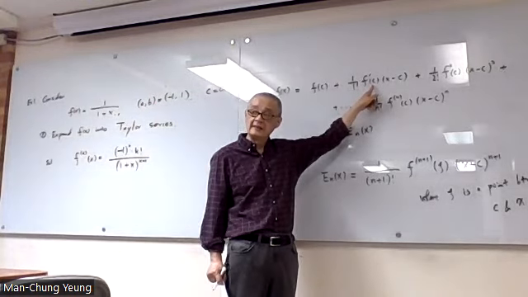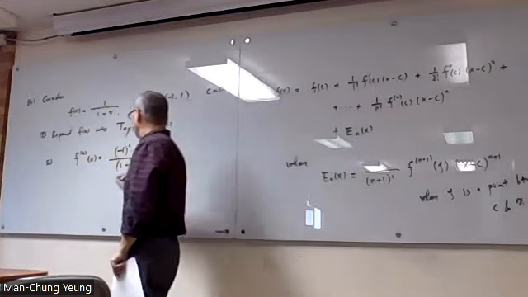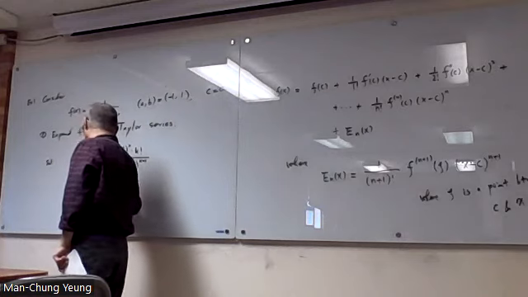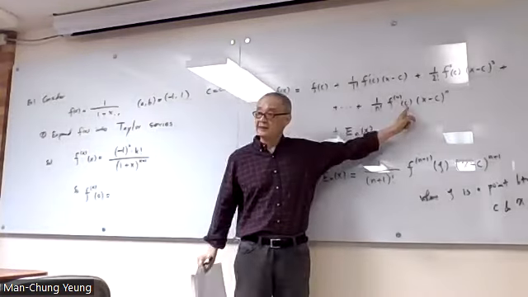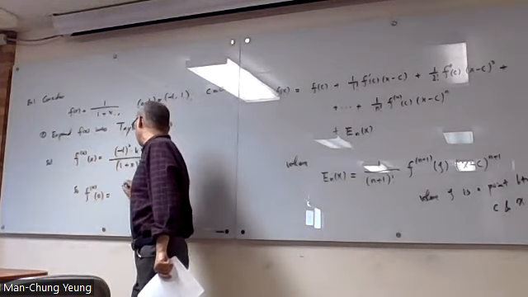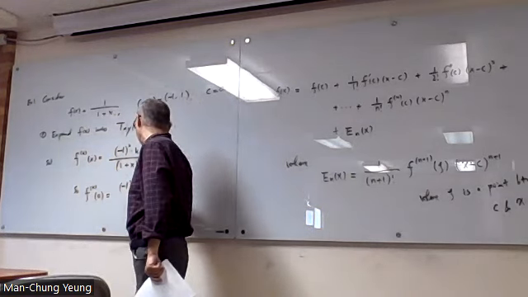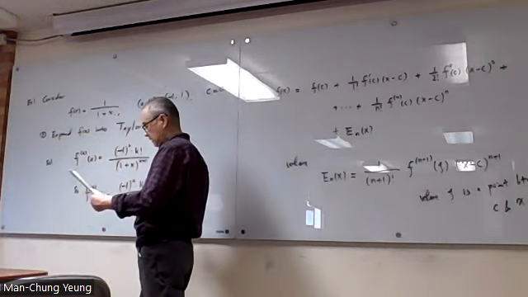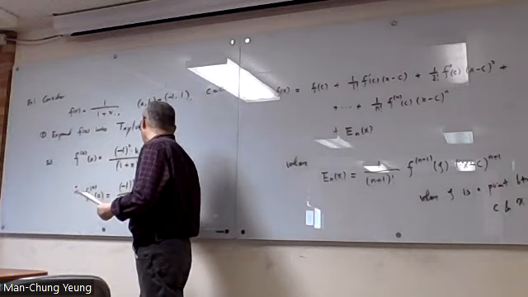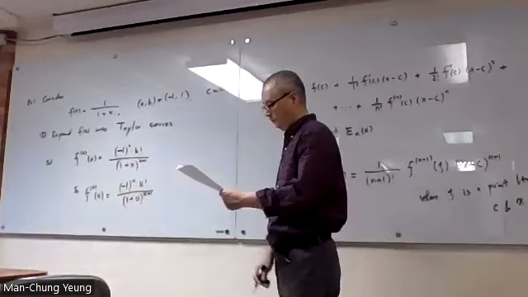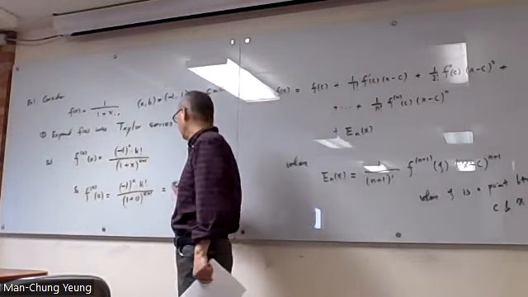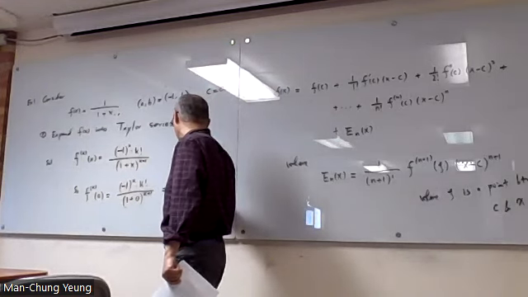Now c is 0, so plug in 0 for x: (-1)^k times k factorial over (1 plus 0)^(k plus 1). The denominator is 1, so the numerator is (-1)^k times k factorial.